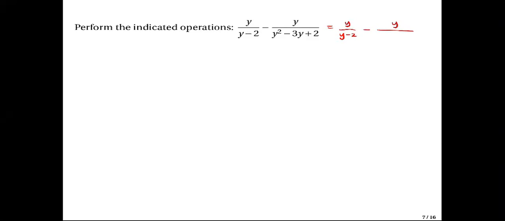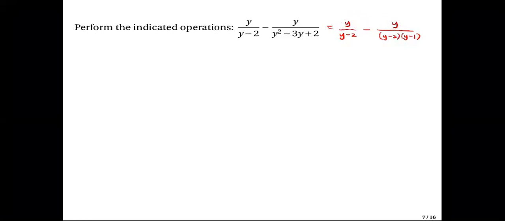Y squared minus 3y plus 2. So practice your factoring. You should be able to factor that expression into y minus 2 times y minus 1. And then, well, first observe also that your y here is a common factor, so you can actually factor it immediately.